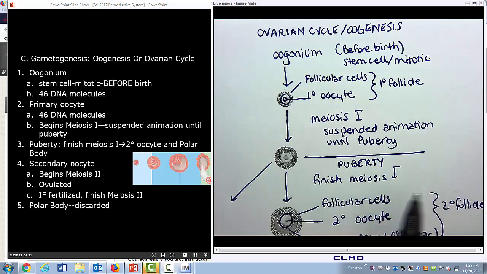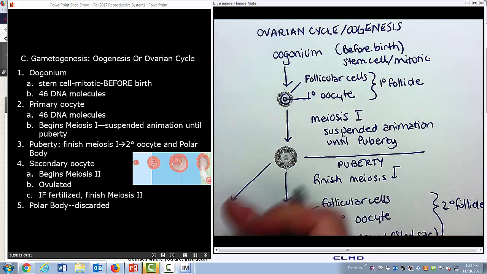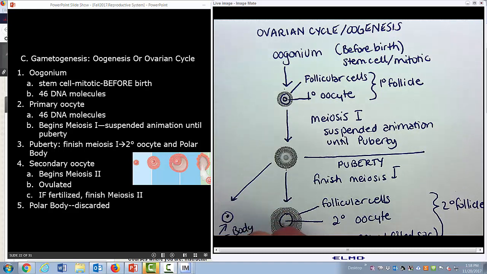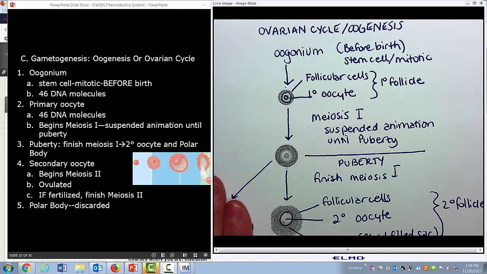And so this particular cell is an oocyte, and then the other cell, because when this one finishes division, we do have another cell. This one's called the polar body. And this cell is discarded. Okay? All right. So we are just following the cell that is possibly capable of being fertilized.